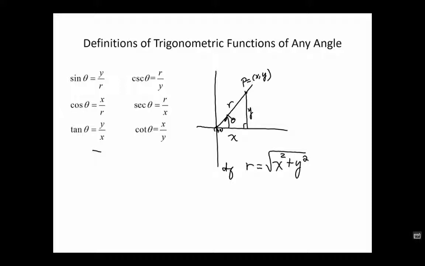The cosecant theta is r over y. The secant theta is r divided by x, and the cotangent theta is x divided by y. So now let's look at some concrete examples.